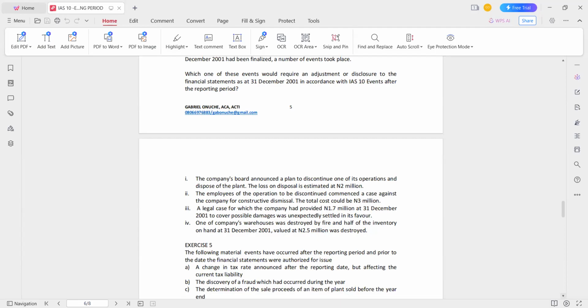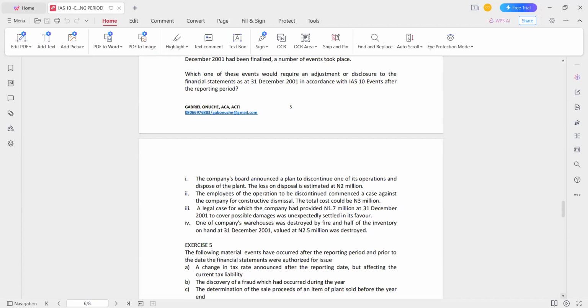Number two, read further. The employees of the operation to be discontinued commenced a case against the company for constructive dismissal. The total cost could be 3 million. Is it an adjusting or non-adjusting event? This is a non-adjusting event also. Non-adjusting event. Why is it non-adjusting? Can you explain?